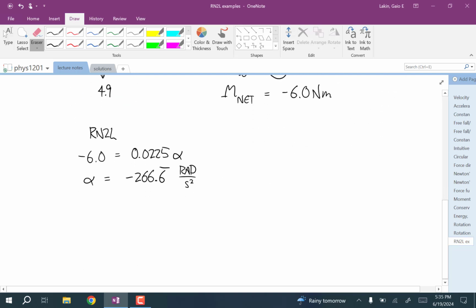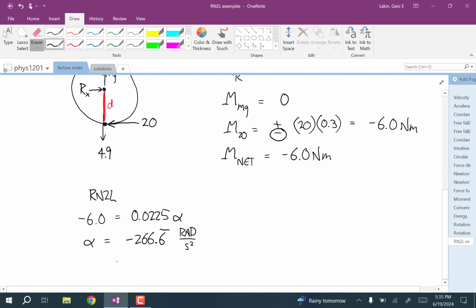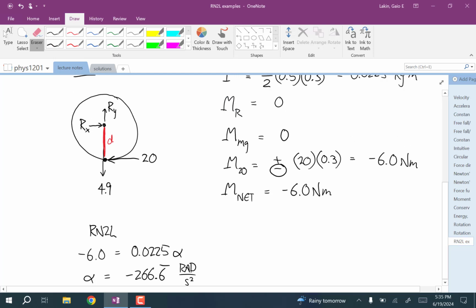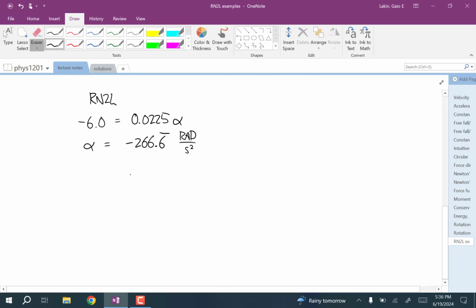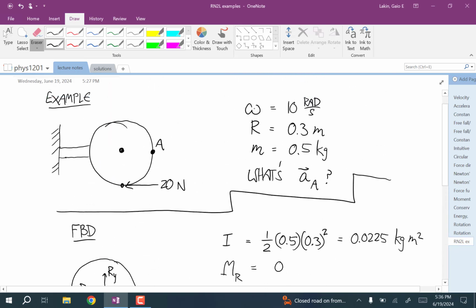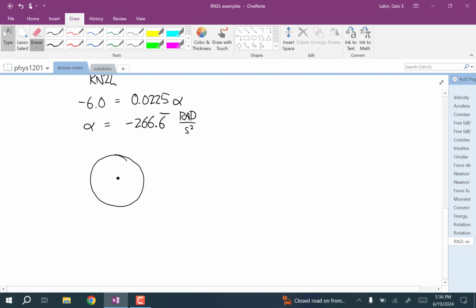Okay, so now we figured out the angular acceleration. Now what we need to do is do the circular motion calculation for that point A. So we know that the angular velocity, that was given, is counterclockwise at 10 radians per second. We calculated that the angular acceleration is clockwise, so it's this direction.